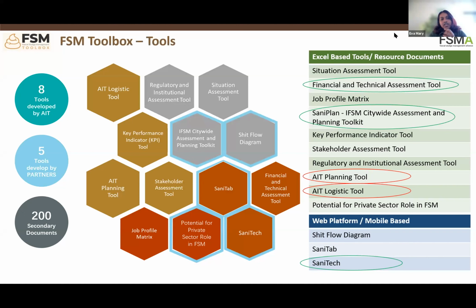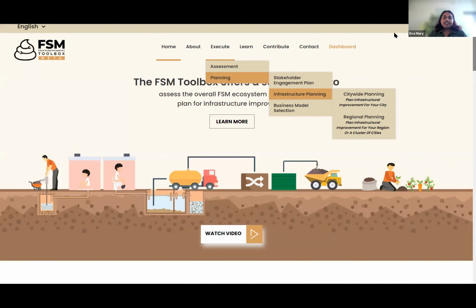So as of now, the FSM Toolbox has brought together various tools in the sector and put them in a place that is easily available for the users, in a logical manner that goes by the functionality of a particular question the user might have. It is found also under execute, and there are two iterations of the infrastructure planning, which are the citywide planning and the regional planning.